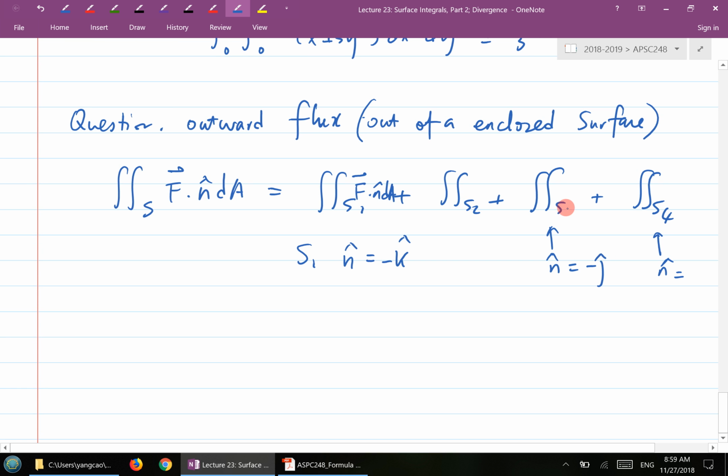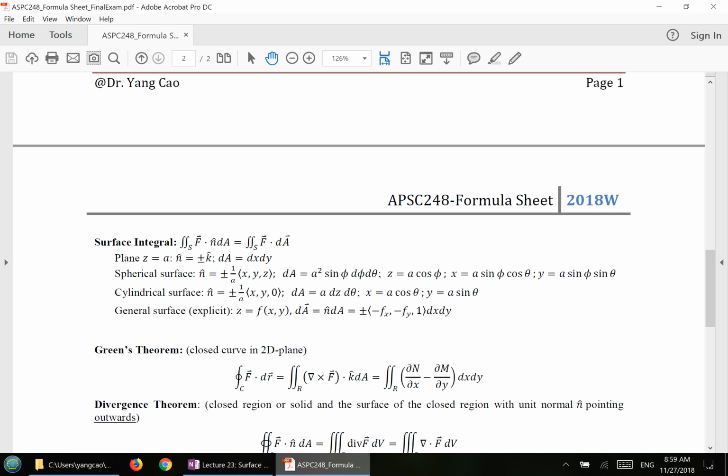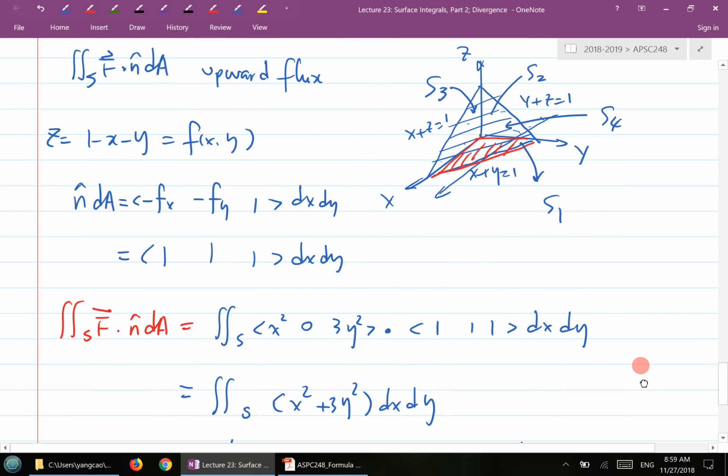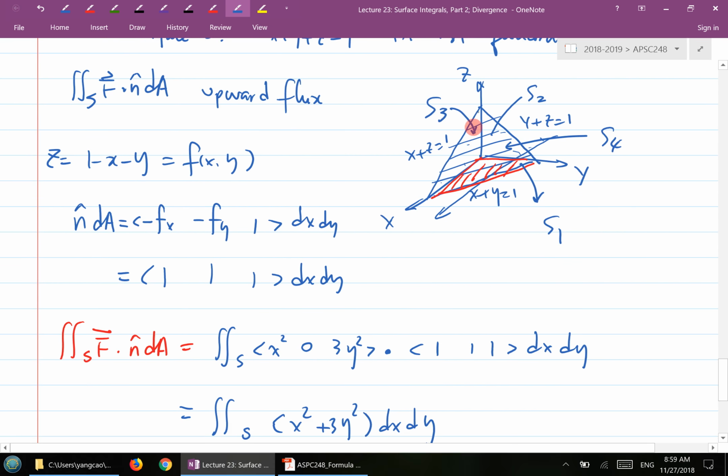For S1, it's dx dy because it's a plane parallel to the xy plane. But for S3, which is an xz plane, what are the 2 variables for the double integral now? Instead of dx dy, it will be what?